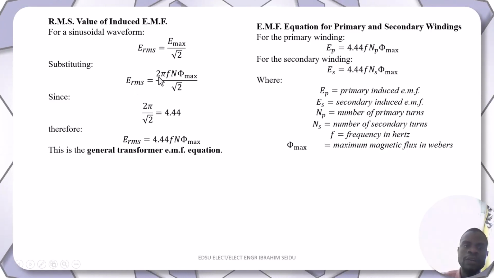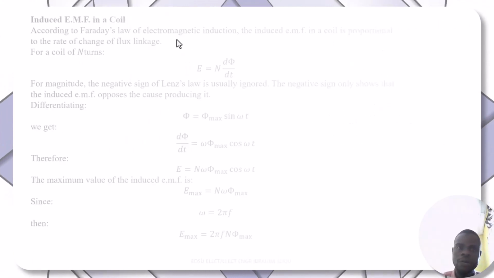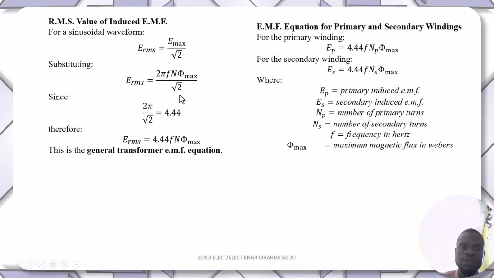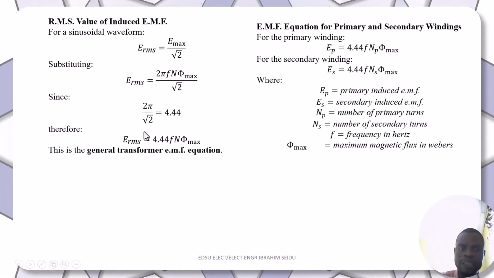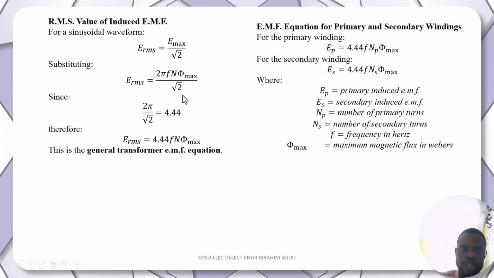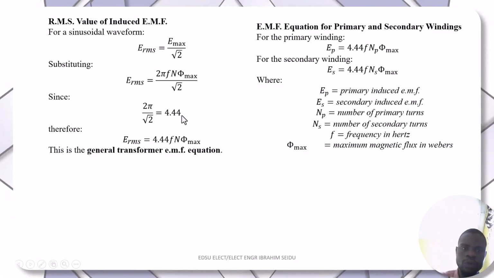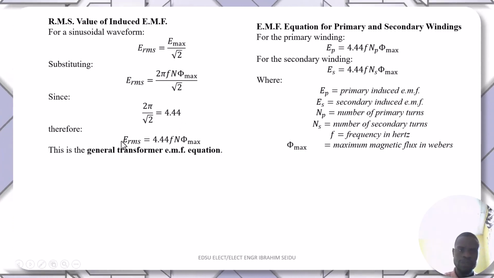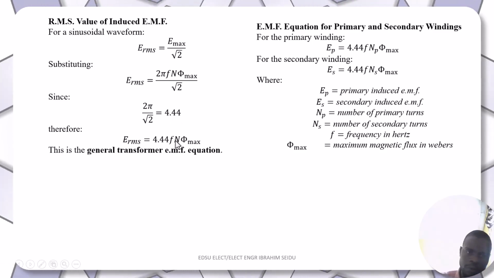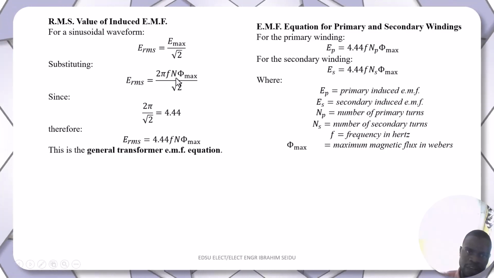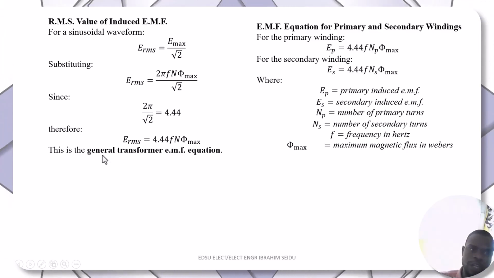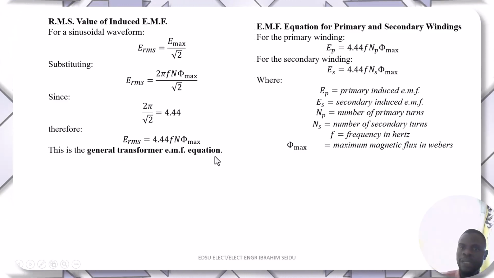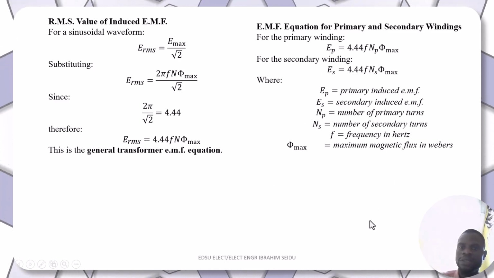So for our E RMS, we already have our E maximum, so we can represent it with this divided by √2. I know that 2π divided by √2 is 4.44. So I can replace this with 4.44, which means our E RMS equals 4.44 f N times the maximum flux. This is the general transformer EMF equation.